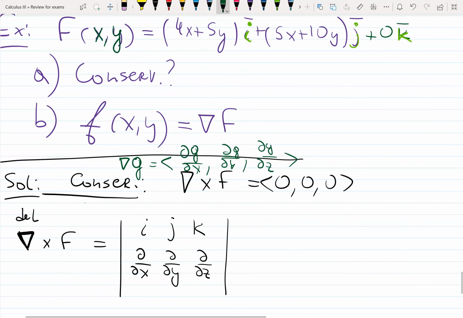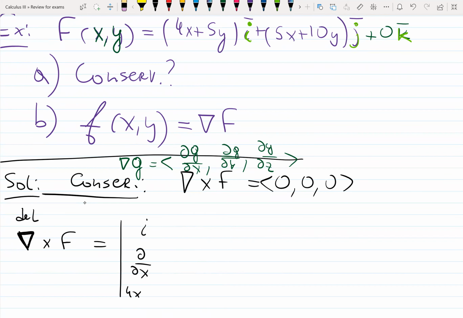The first one is 4x plus 5y, j derivative with respect to y, 5x plus 10y, and k derivative with respect to z, 0.